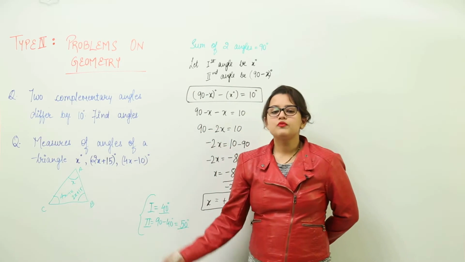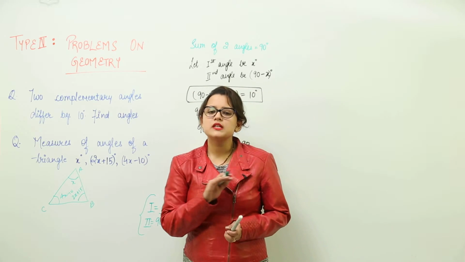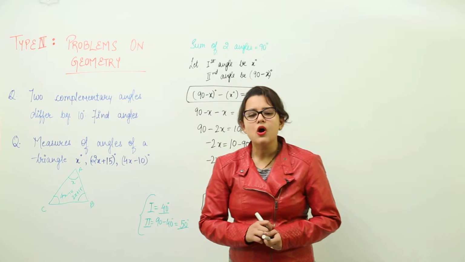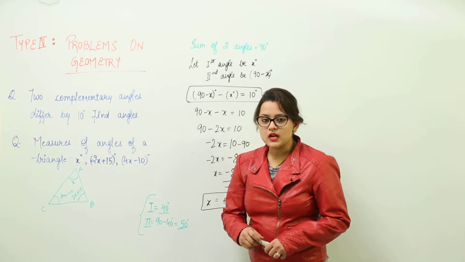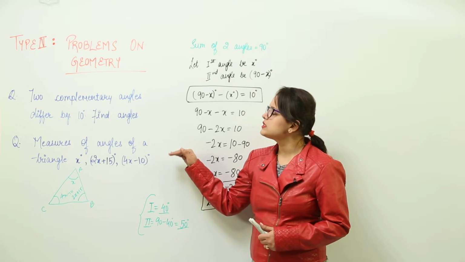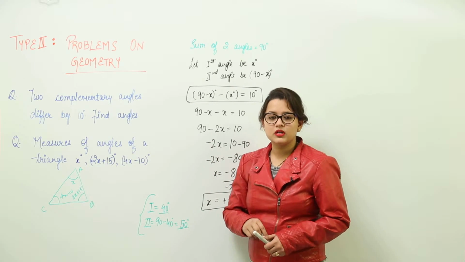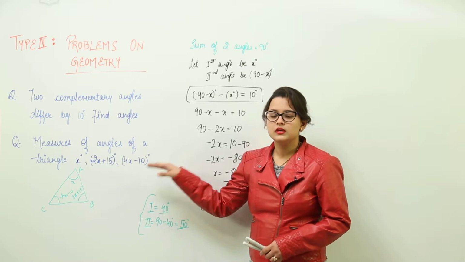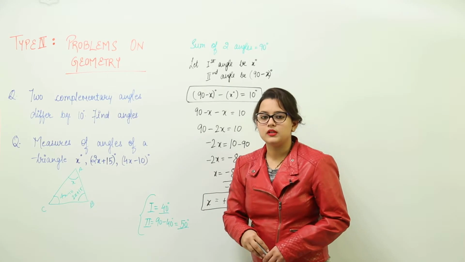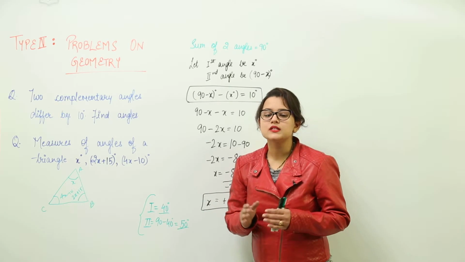We have to find all three angles. There is nothing else given in the question. How are we going to form the linear equation? We have to use the properties of geometrical shapes. One property of a triangle is the angle sum property.